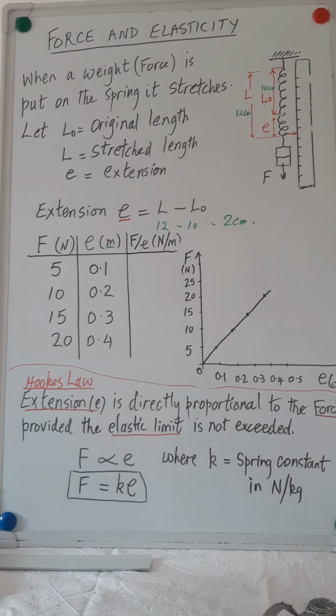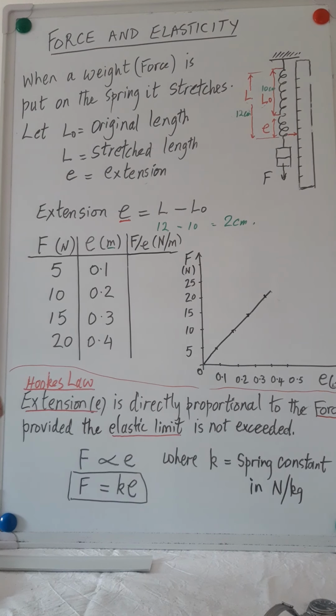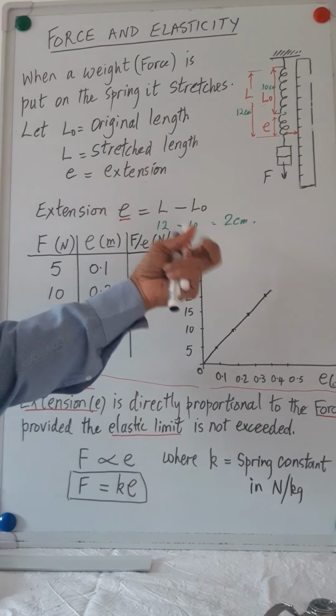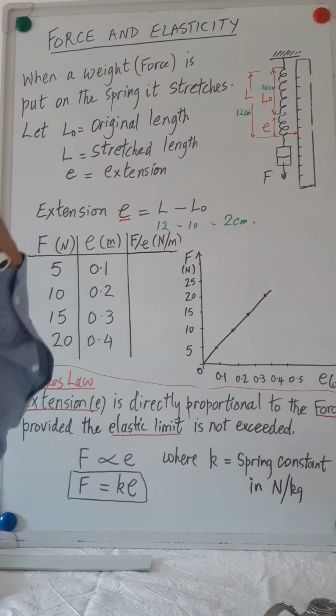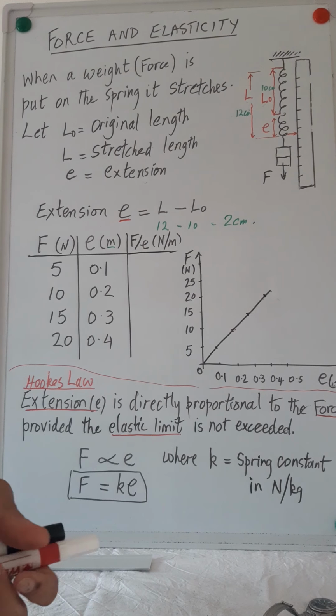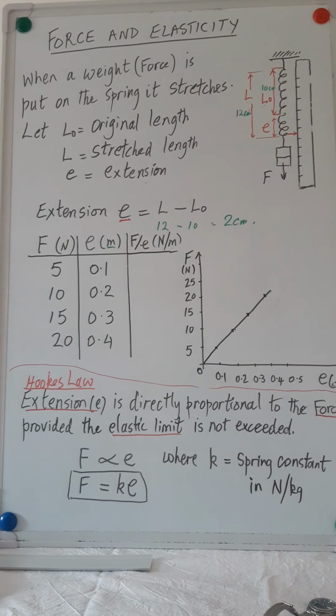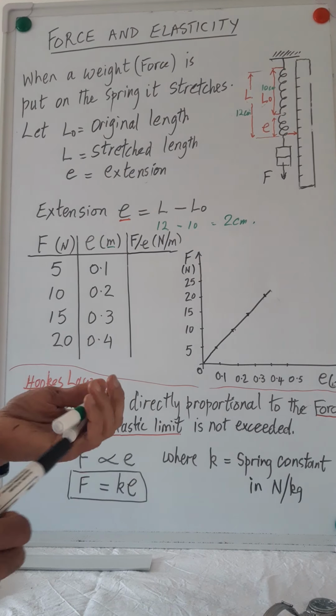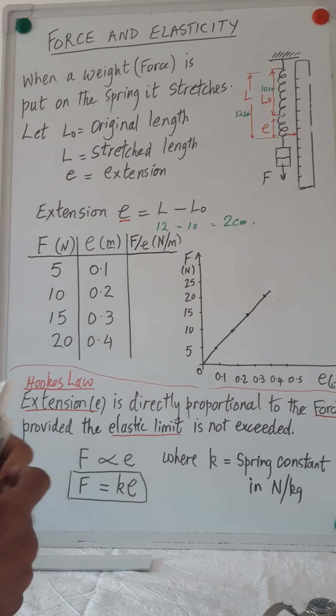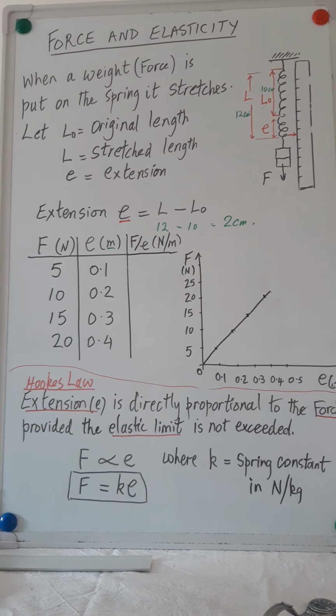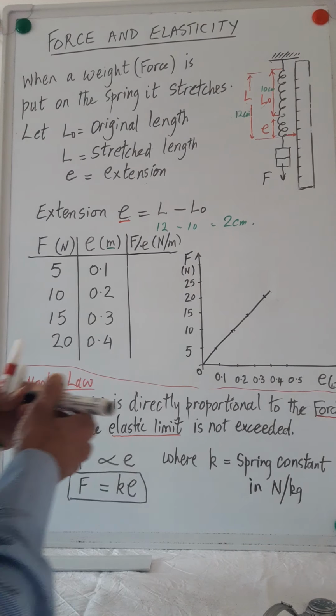However, if you keep on loading it more and more, a point will be reached where the spring becomes permanently stretched and it no longer goes back to its original position. We call that limit the limit of proportionality, or the elastic limit.